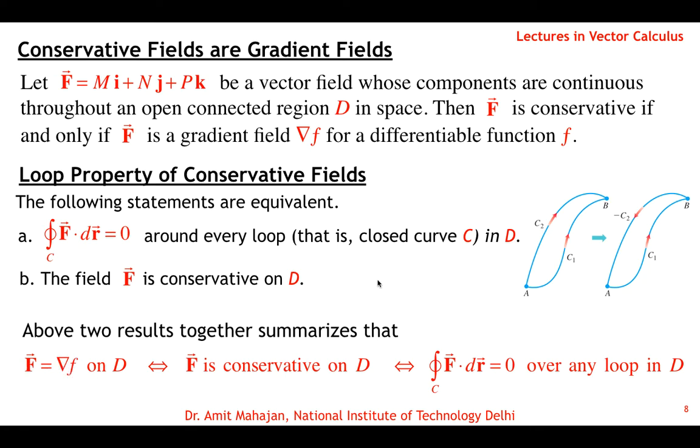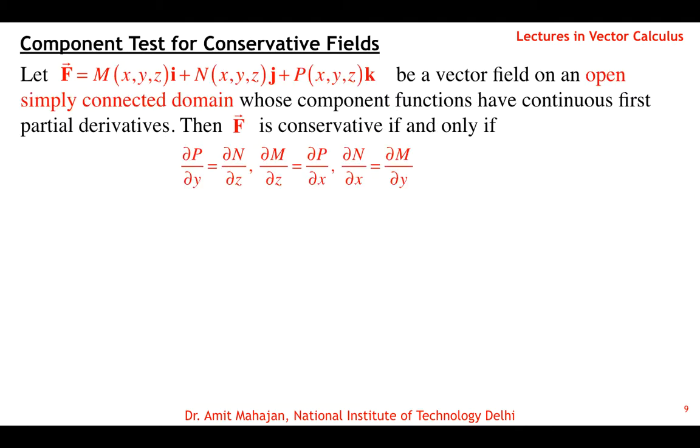These two are answered by the component test for conservative fields. Let F be a vector field on an open, simply connected domain whose component functions have continuous first partial derivatives.